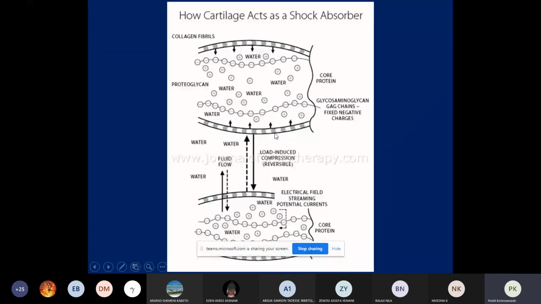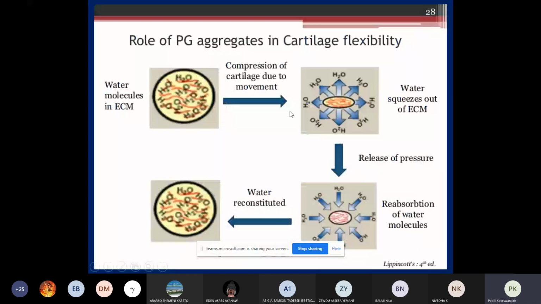You can also see here. That's why they provide lubrication and also load bearing capacity to the cartilage, because they are present in the extracellular matrix. They can hold large volumes of water. When there is a compression, the water surrounded by the GAG chains is squeezed out and occupies a small volume.